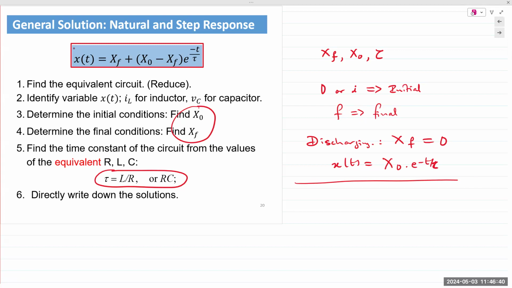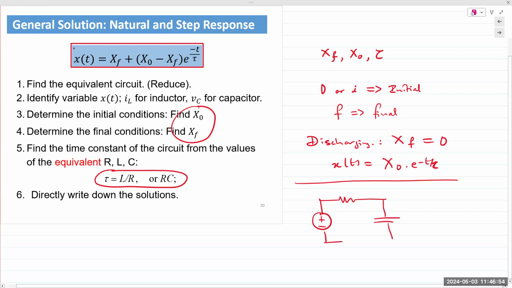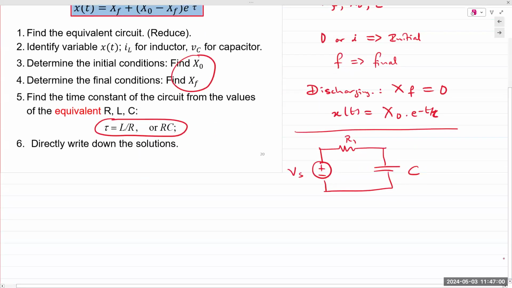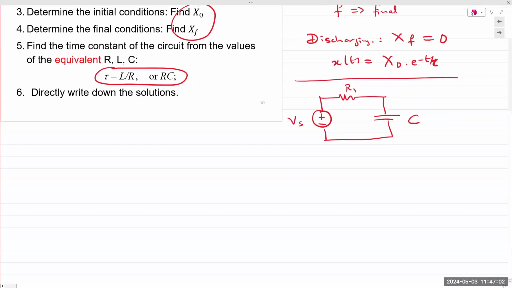Okay. All right, then let's look at the first point, which says find the equivalent circuit. For that, I'm going to illustrate using a random example. I have a circuit with a resistor R1, capacitor C, and voltage source Vs. What is the voltage being applied to this capacitor? Not that difficult a question.